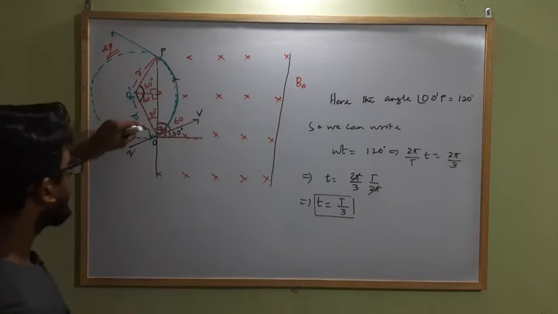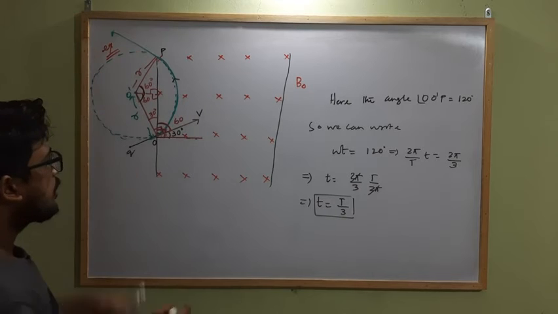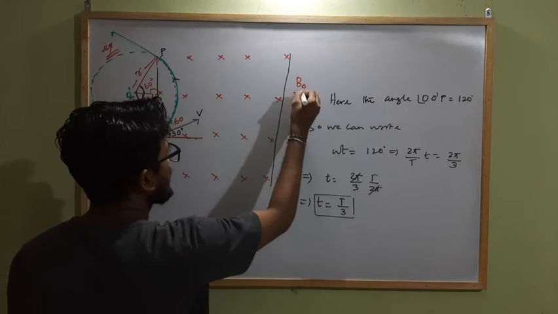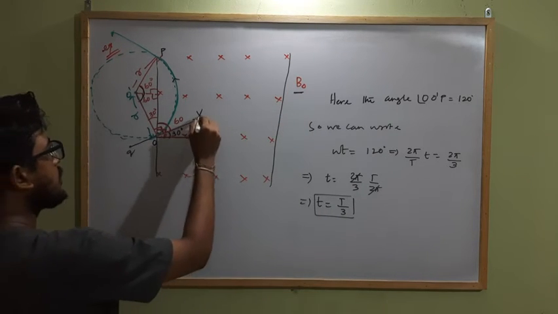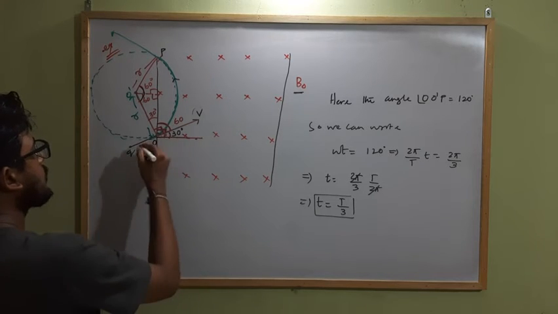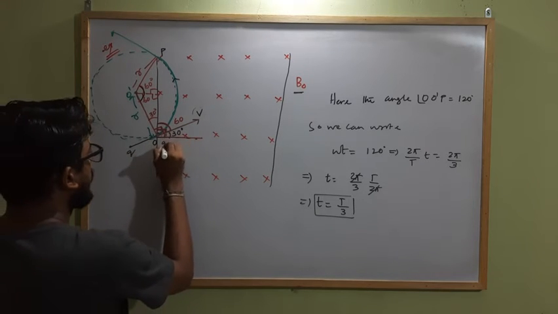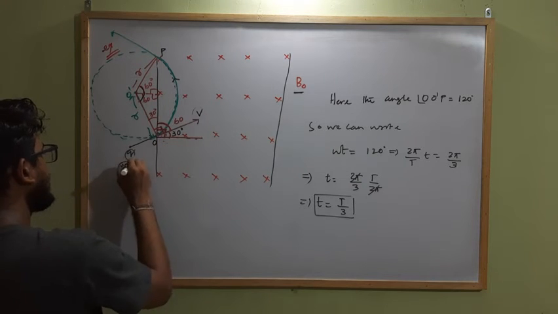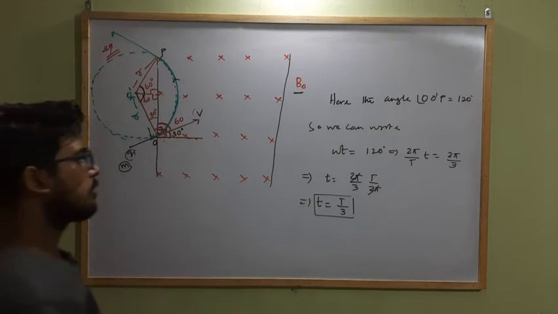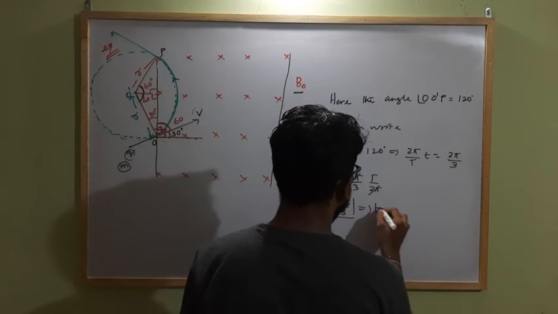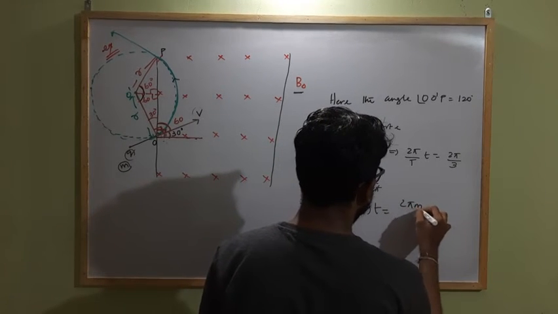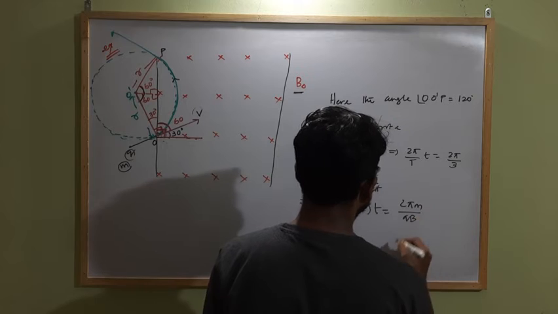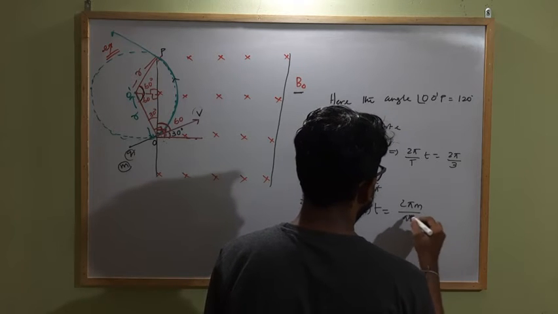What is the time period for revolution? Here the magnetic field strength is B naught, the velocity is V, and the charge Q is traveling into the field, where m is the mass of the charged particle. So the time period is T equal to 2 pi m by qB, divided by 3.